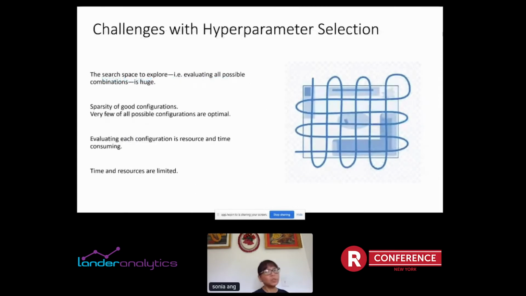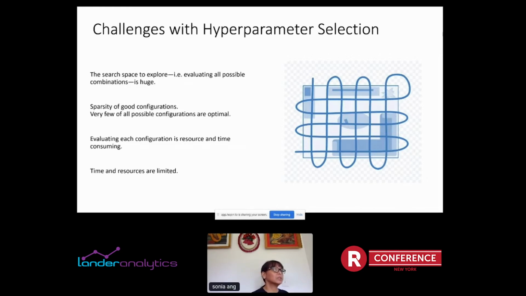Now, there are challenges with hyperparameter selection. The performance of models really depends heavily on the hyperparameters you selected. However, the search space to explore and evaluate all possible combinations is also huge. There are also very few possible configurations that are optimal.